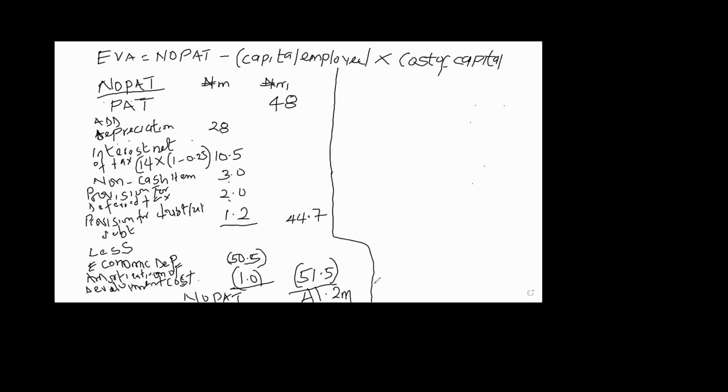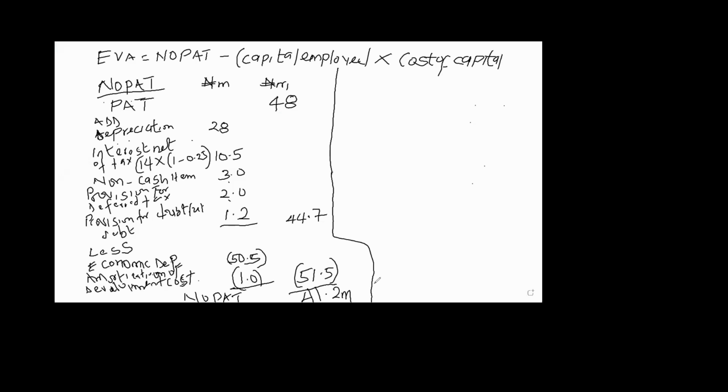Now, it means that in our statement of financial position, we have added 1.3 to it, on top of the existing balance. Only 1.3 we now affect in your adjustment of capital employed.